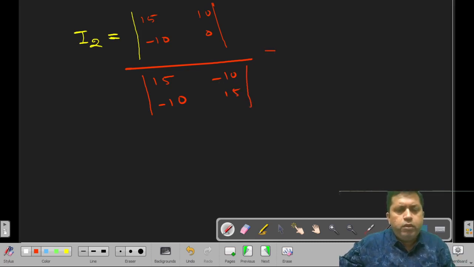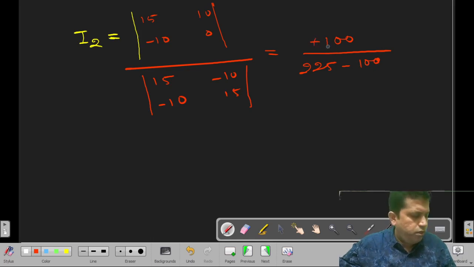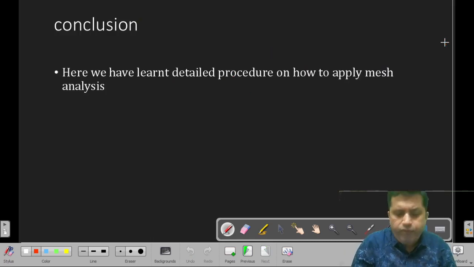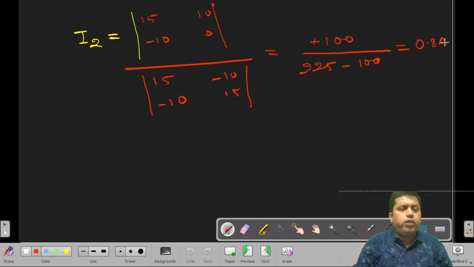So this is minus 100 upon 225 minus 100. This will be, sorry, plus 100. So 100 divided by 125, this is 0.8 amperes. In this way you can apply KVL, mesh analysis, and find out the mesh currents.